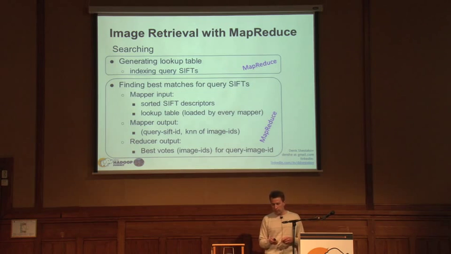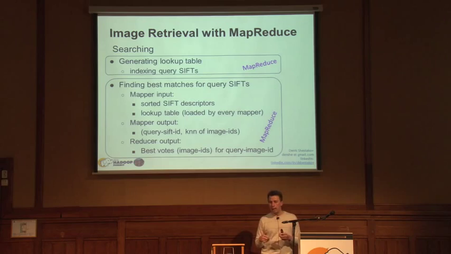Here you can see some details about what mappers and reducers do. Essentially, what's happening is joining two data sets. Our original big data set containing all the SIFT descriptors for our image collection is joined with a lookup table, right?